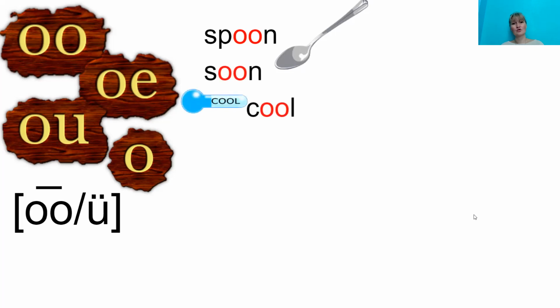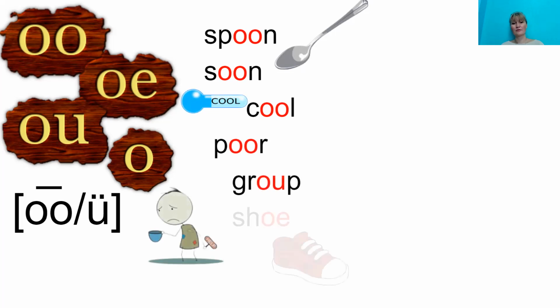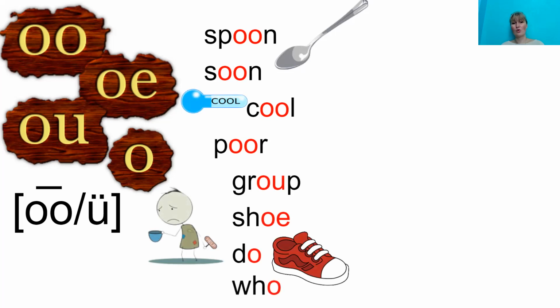Spoon, soon, cool, poor, group, shoe, do, who. And sometimes all these digraphs make a short U sound. And just like the letter U, sometimes it's a short O sound.